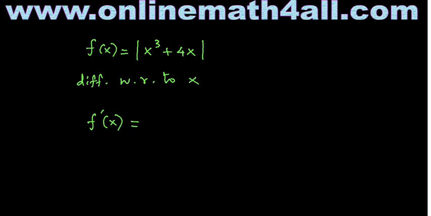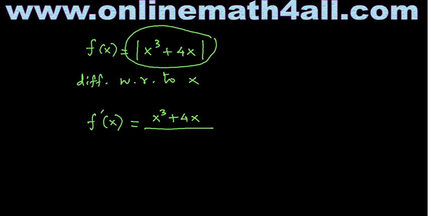As I told you already, when we find derivative of an absolute value, the first thing we have to do is write the term inside the absolute value. Here inside the absolute value we have x to the power 3 plus 4x. So we write x to the power 3 plus 4x, and it has to be divided by the given absolute value, that is absolute value of x to the power 3 plus 4x.